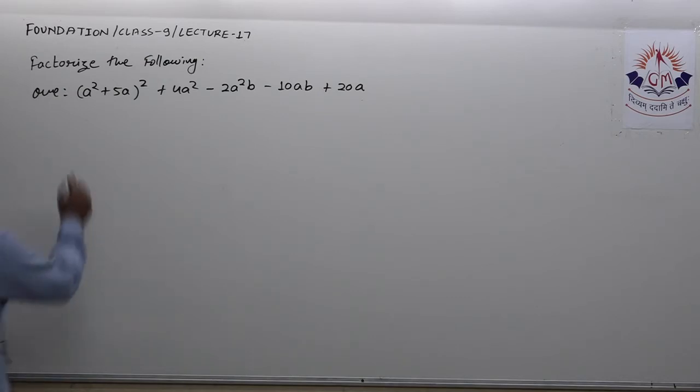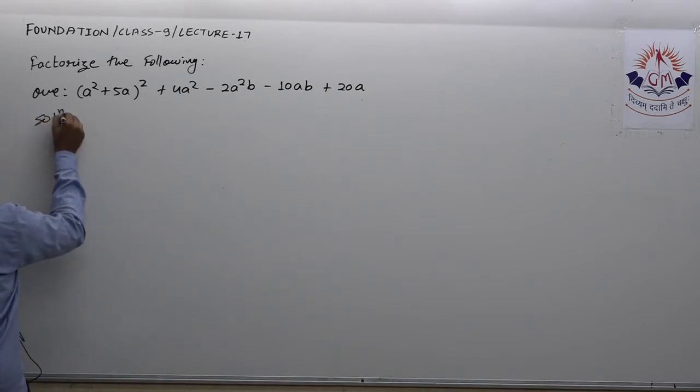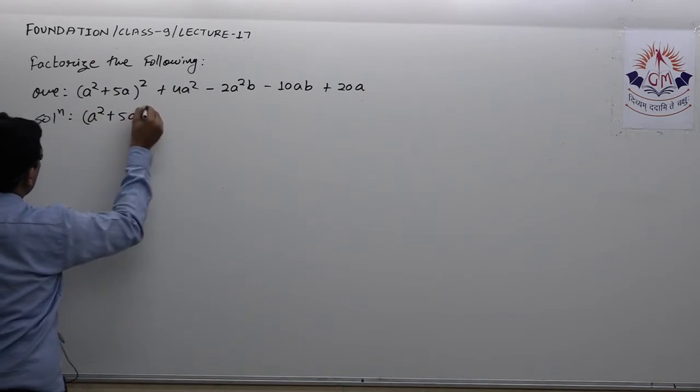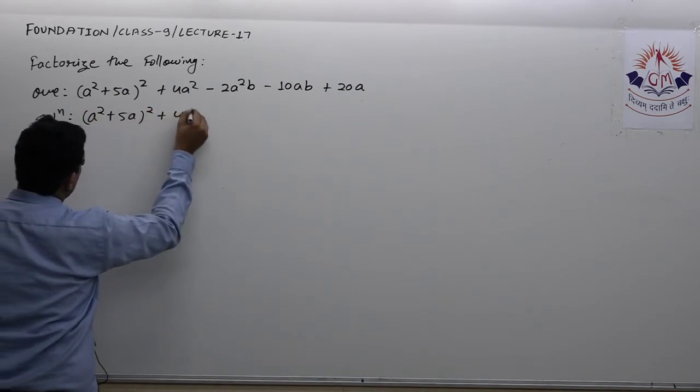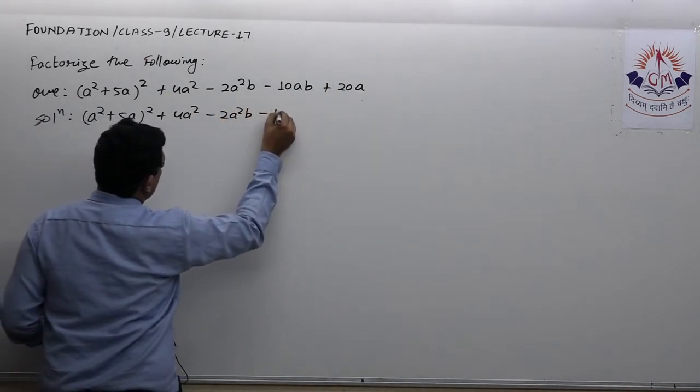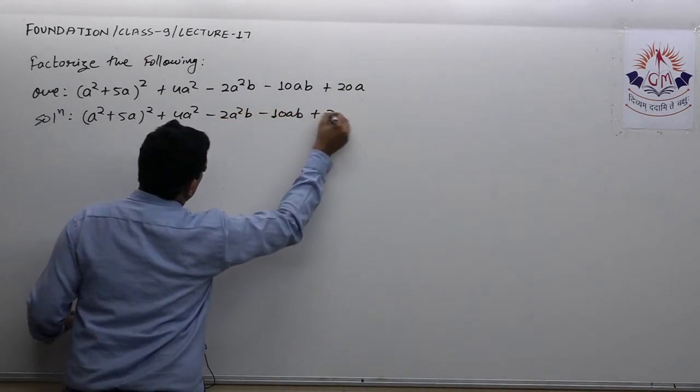Okay, so let us see how to find its solution. Here we have (a square plus 5a) whole square plus 4a square minus 2a square b minus 10ab plus 20a.